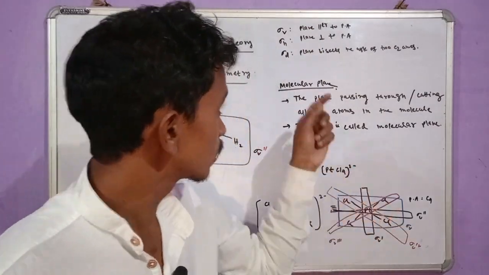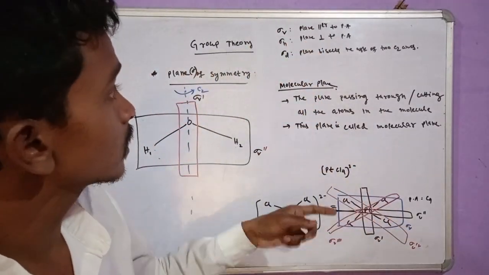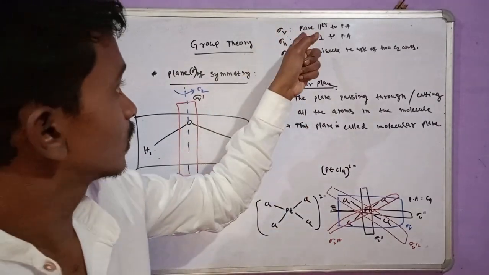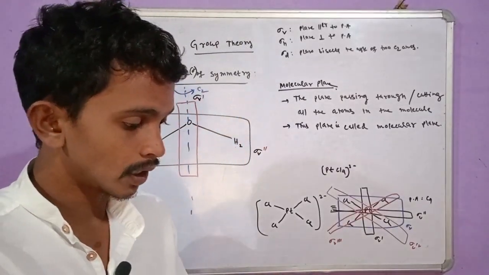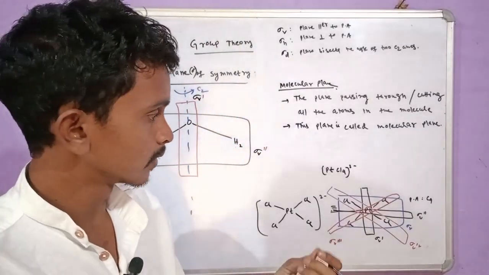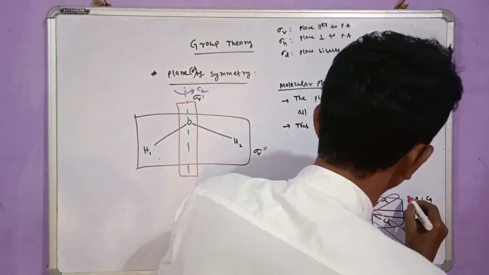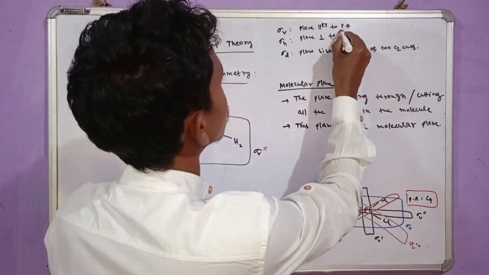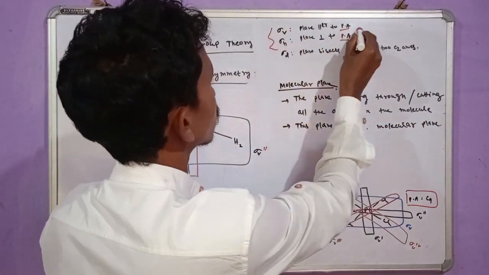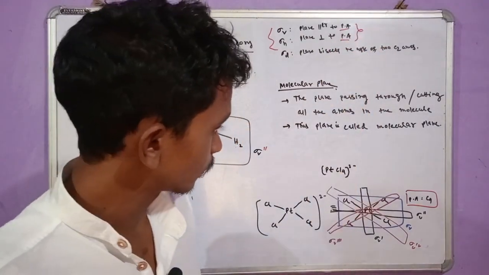We will discuss that. For sigma v, the condition is that the plane is parallel to the principal axis, which is C4 here. Everything will be done with respect to the principal axis.